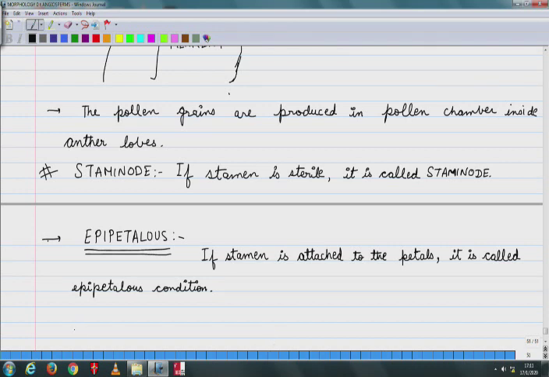Okay. Then there is another term which is normally asked in the NEET examination, epitepalous or epiphyllous condition.